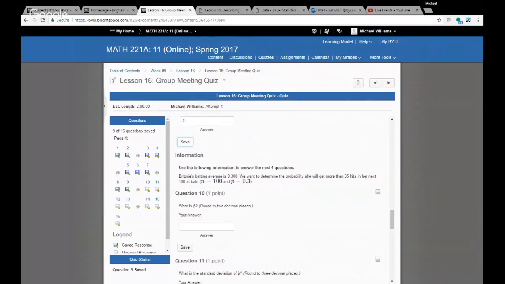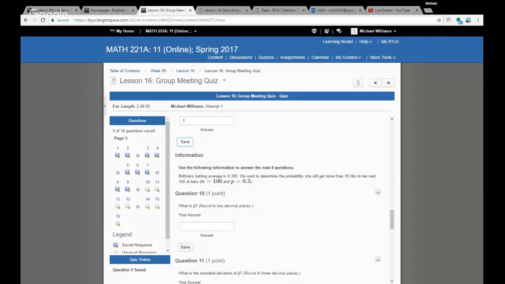So this should be 0.3 divided by 100, right? No. Brady's batting average is 0.3. We want the proportion. She'll get 35 hits in her next 100 at bats. So the n is 100, and the X is 35.